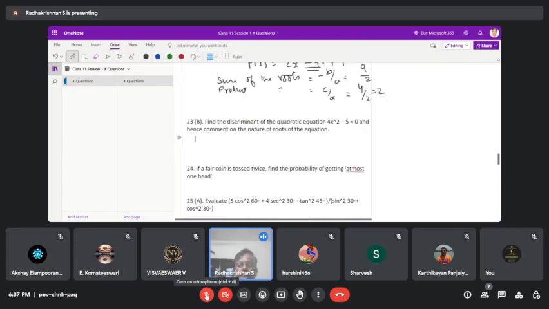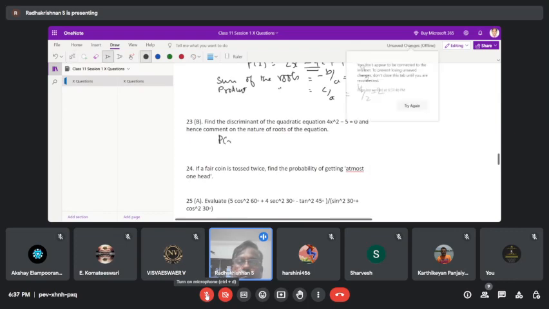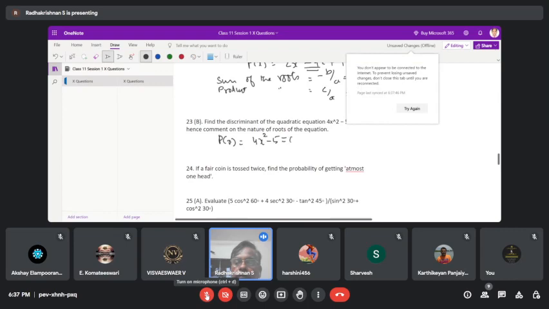That's all for this problem. Find the discriminant of the quadratic equation 4x square minus 5 equal to 0. P of x is 4x square minus 5. What is the discriminant? b square minus 4ac.